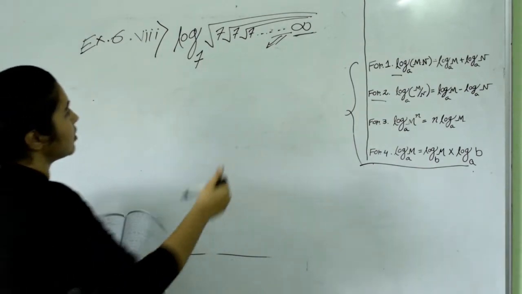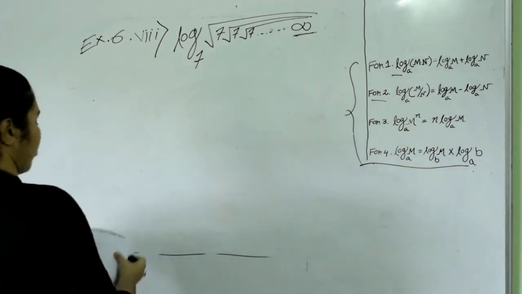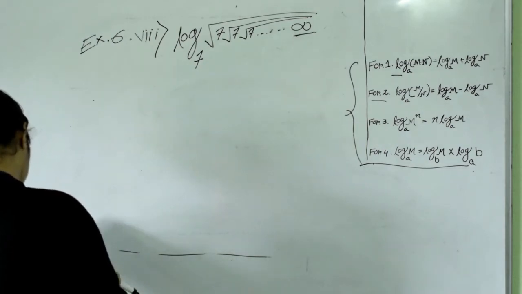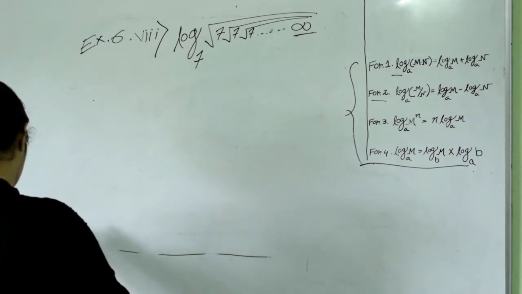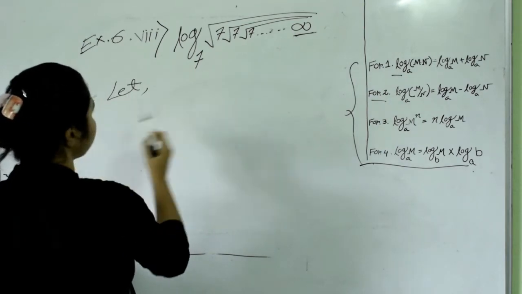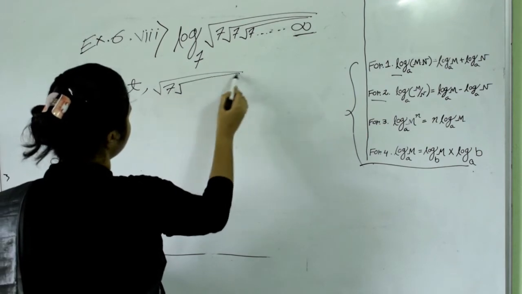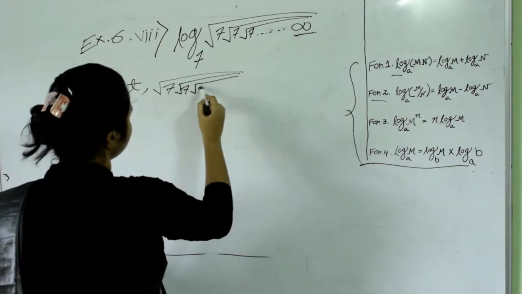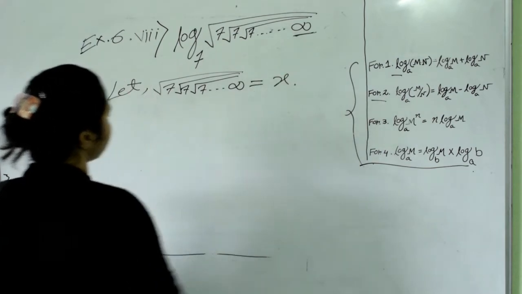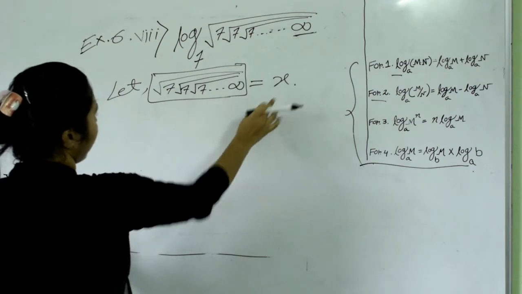Now solve this problem. Let the term root 7 under root 7 up to infinity be x. Let this term be equal to x.